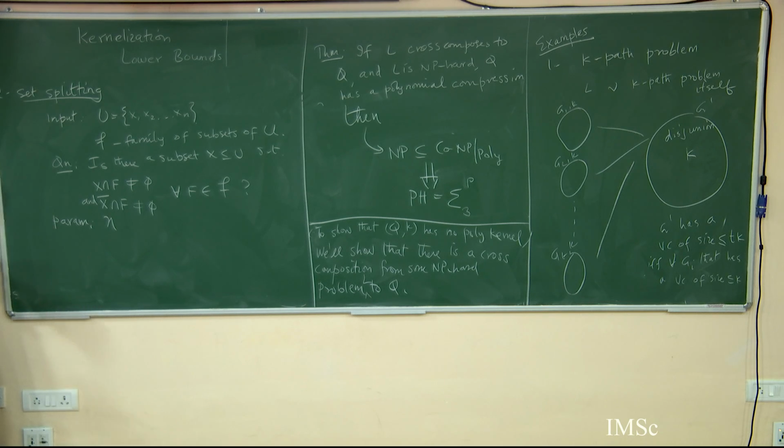That is what compression means, that you want to compress my input size, so that the size of the family, which could be exponential in n, becomes polynomial in n. And the way I am going to do it is that it cross composes with itself. So, take t instances of the set splitting problem, and we are going to come up with one instance such that there is a splitting set for this reduced instance if and only if there is a splitting set for any one of them.